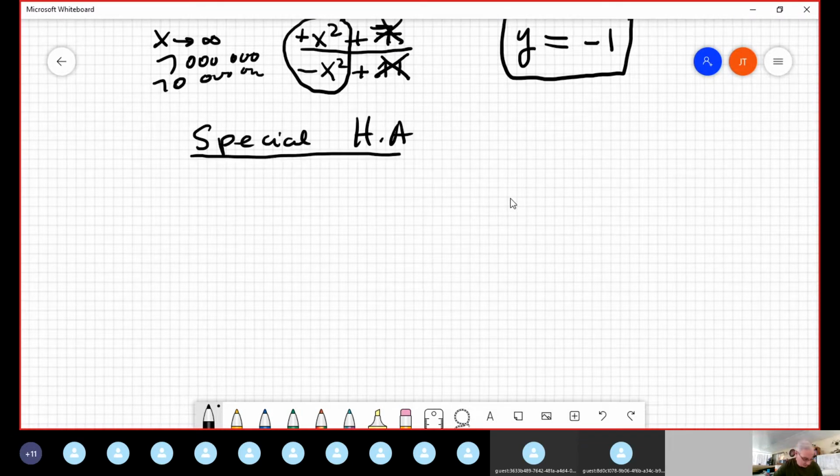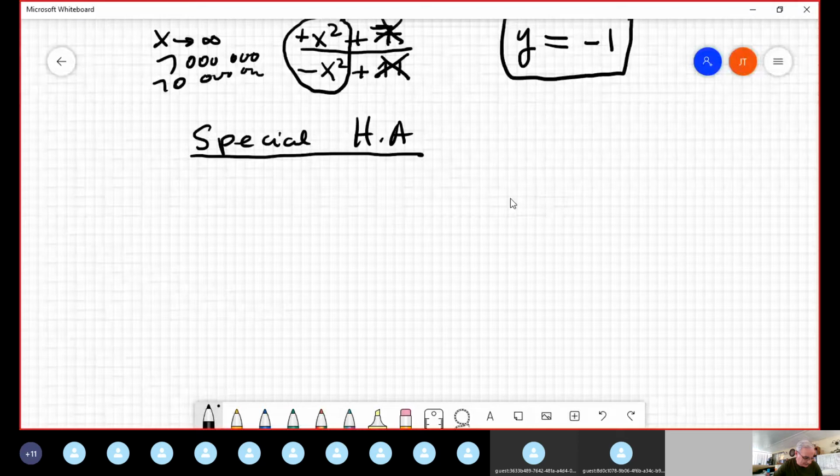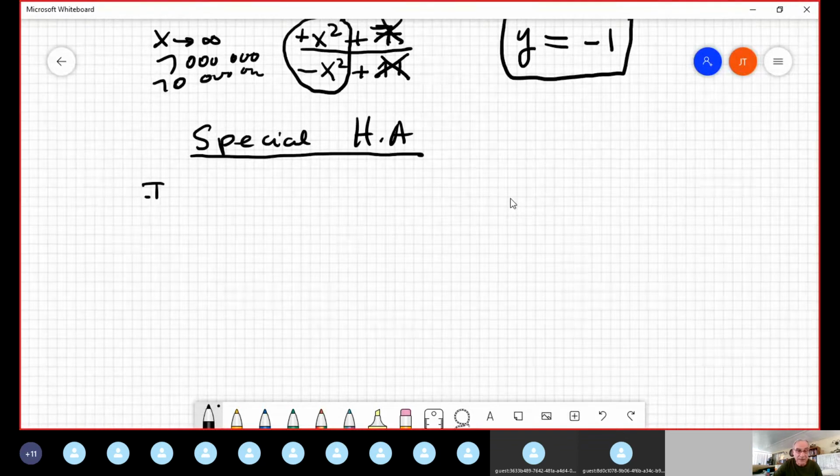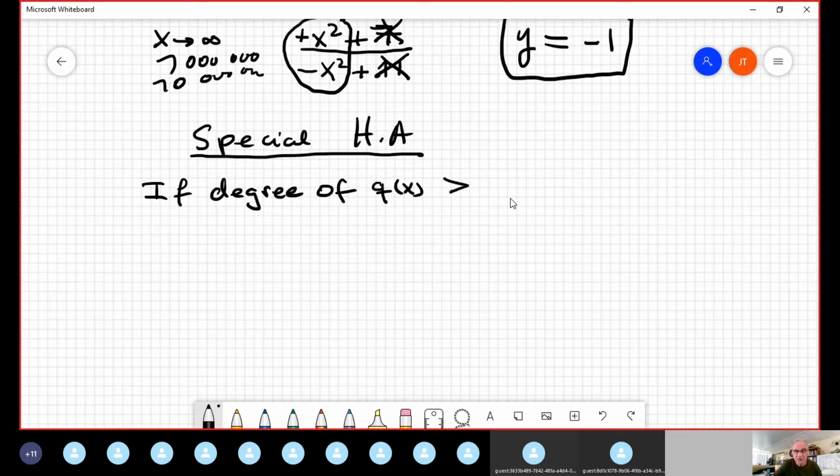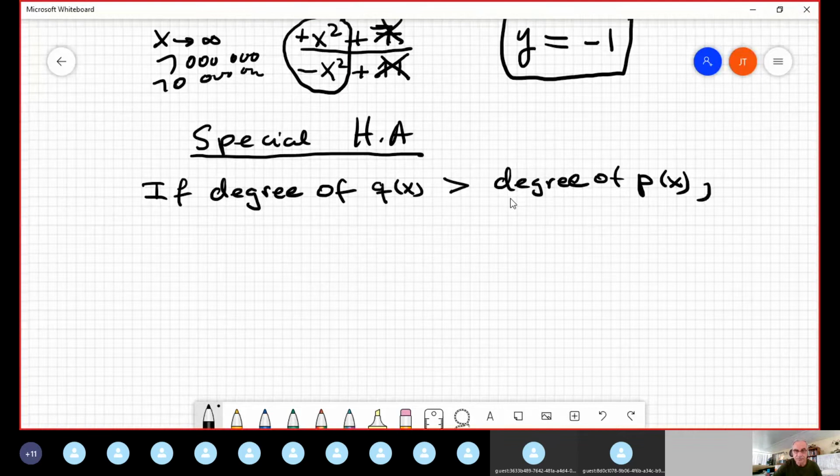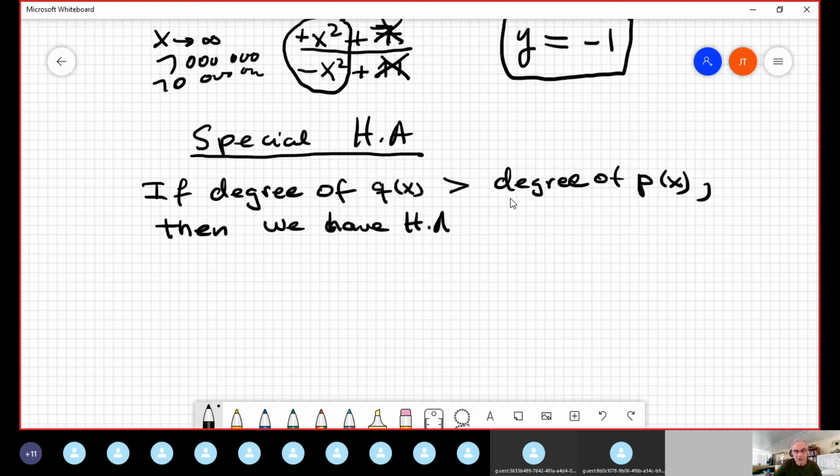And this happens when the degree of Q is greater than the degree of P. Yes, we have a horizontal asymptote, but a special one. Why is it special? Because it's always at 0, y equals 0.